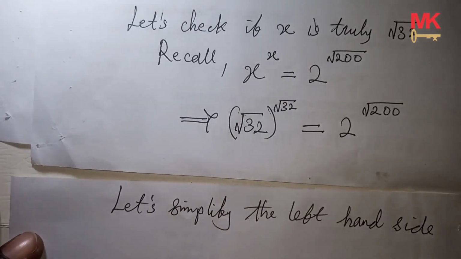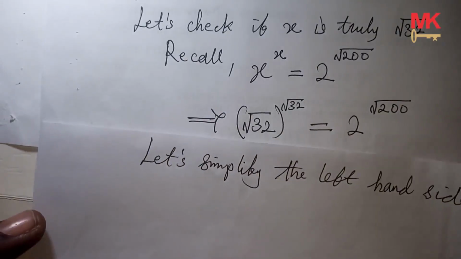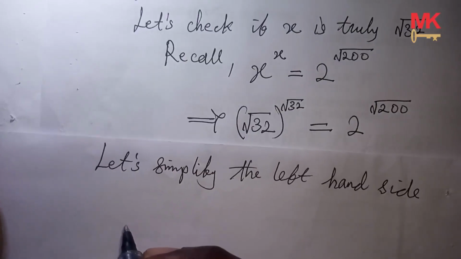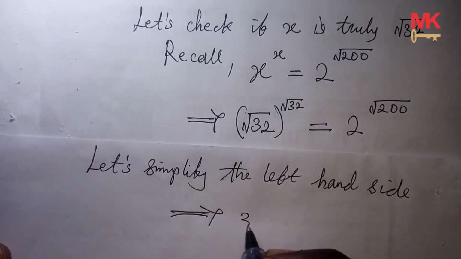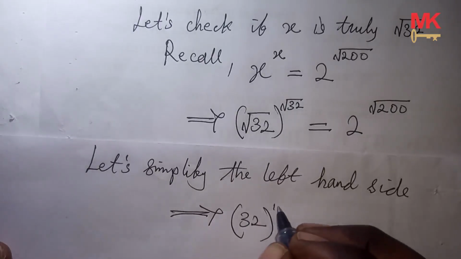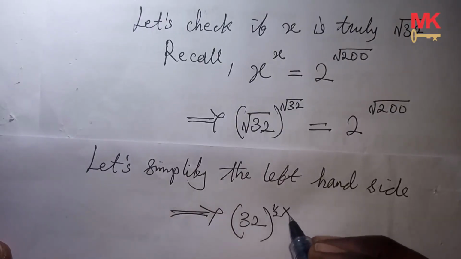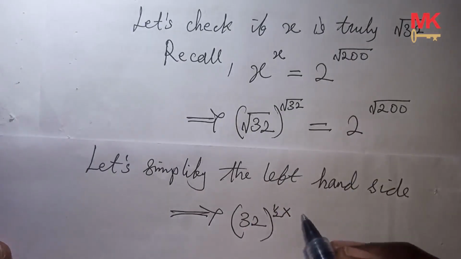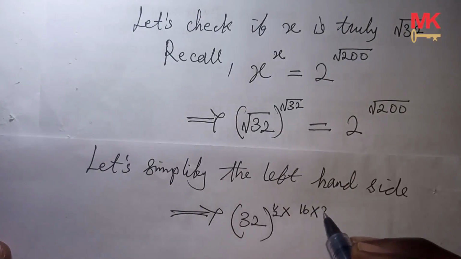At the left-hand side, it implies 32 raised to power half, then times what we have here, which is also 32, but we're going to split it as 16 times 2.